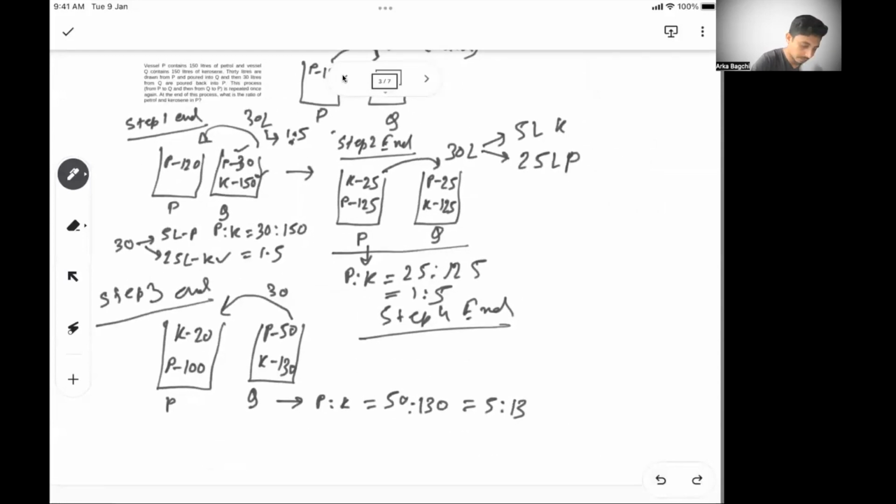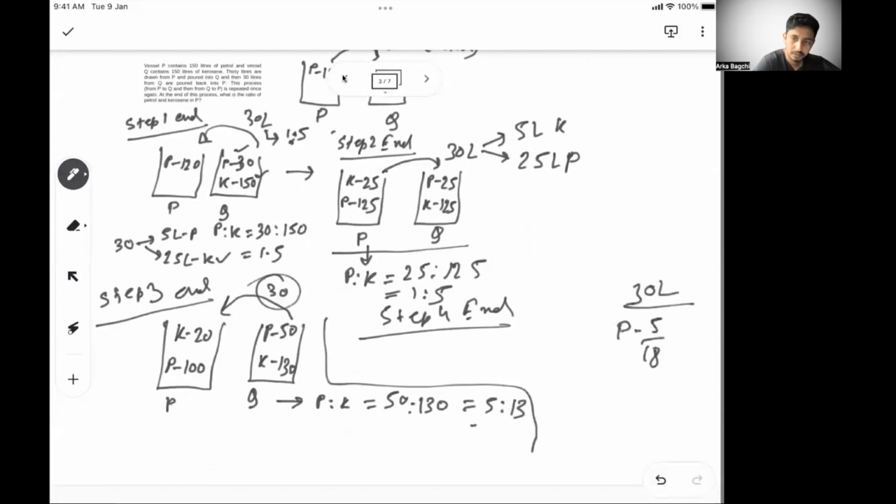So if I do it here, at the end of step 4, if I take this 30 liter, your petrol will be 5/18 because the ratio is 5:13. So 5/18 into 30 liter, which comes to 25/3 or 8.33 liter.